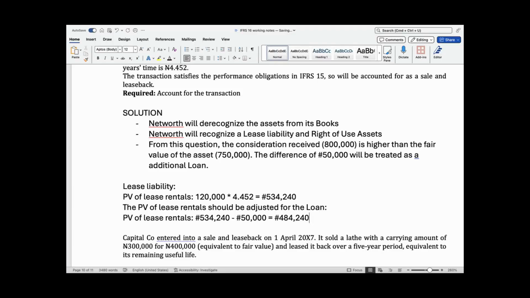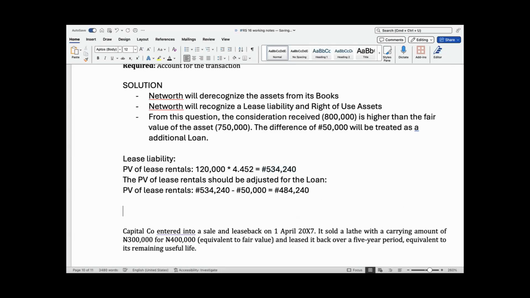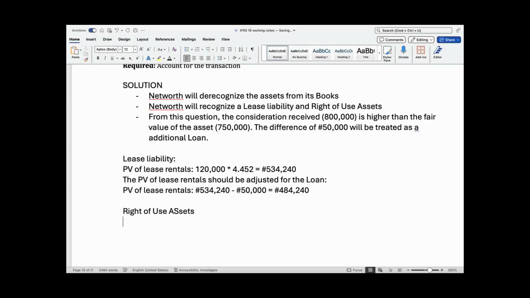That's what I was saying: whatever PV of lease rentals you get, you need to separate the loan element from it. Otherwise, it will affect your calculation. And one of the calculations it will affect is my right of use asset.